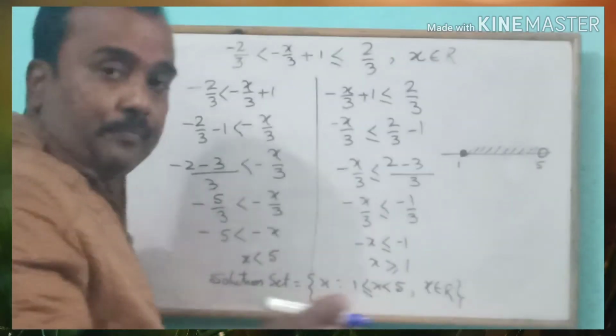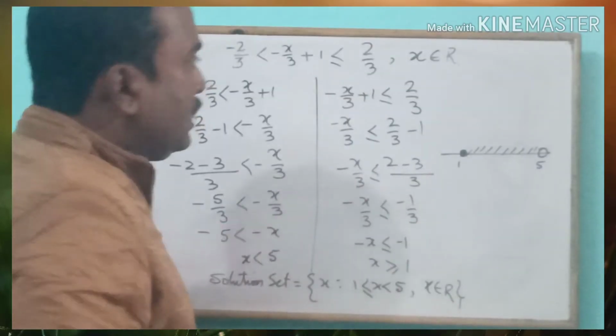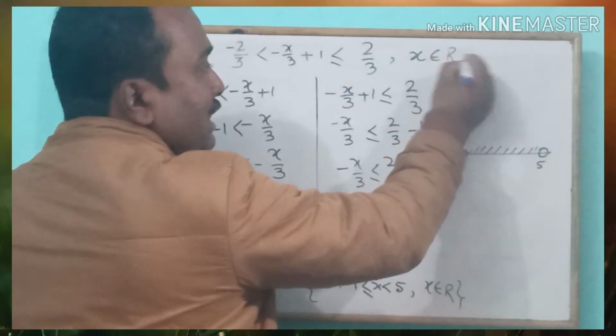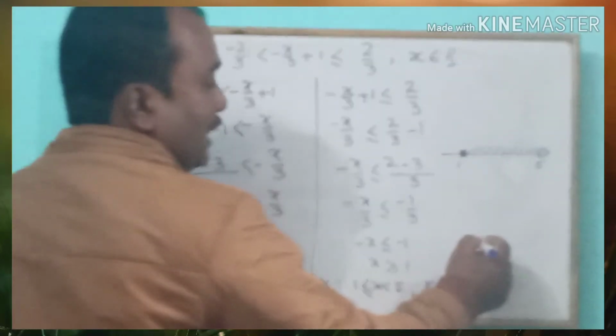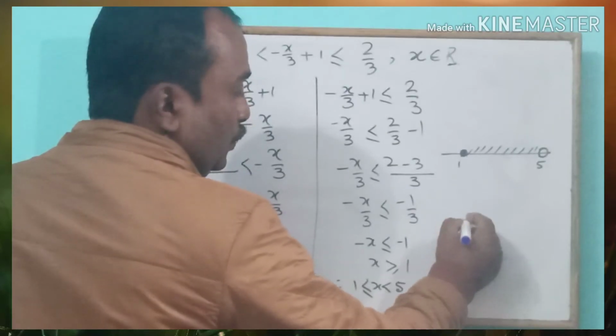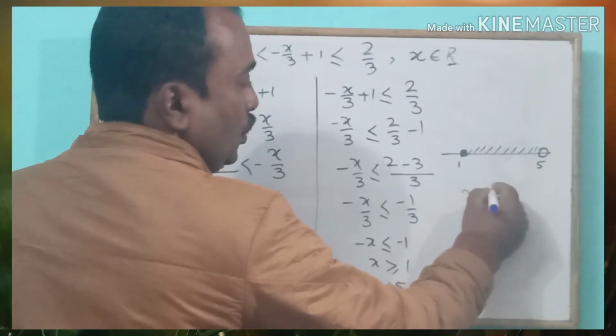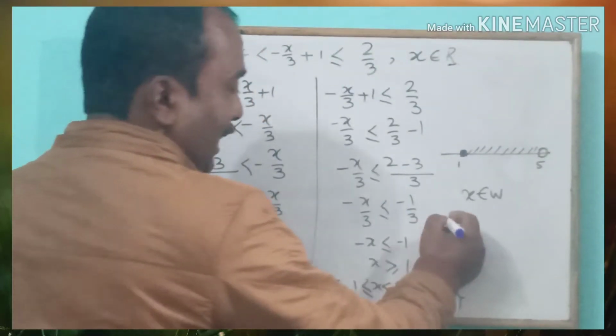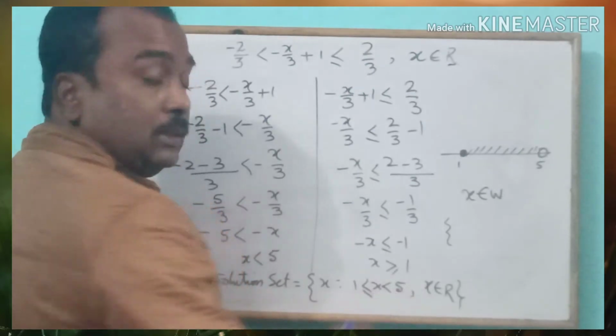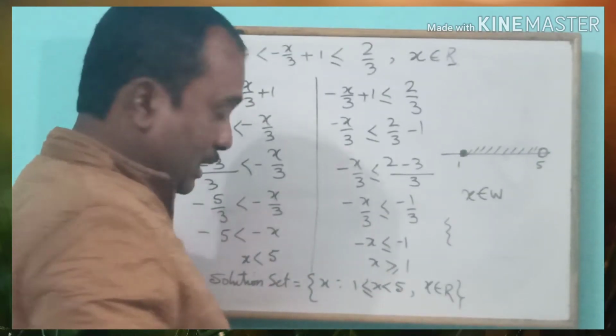Now, let me add to this question itself. Suppose instead of x belonging to R, the replacement set was x belongs to W, or x belongs to N, meaning natural numbers. In that case, what are the values of x?